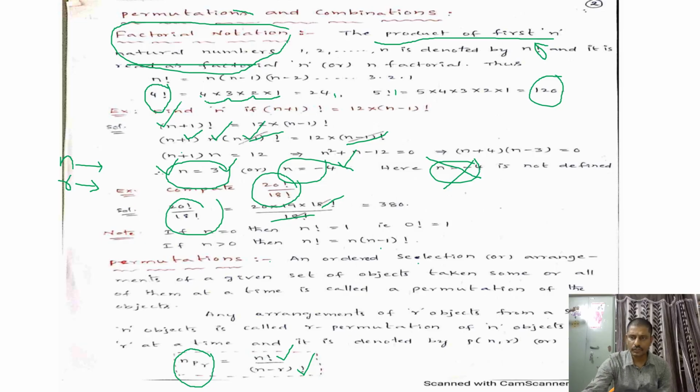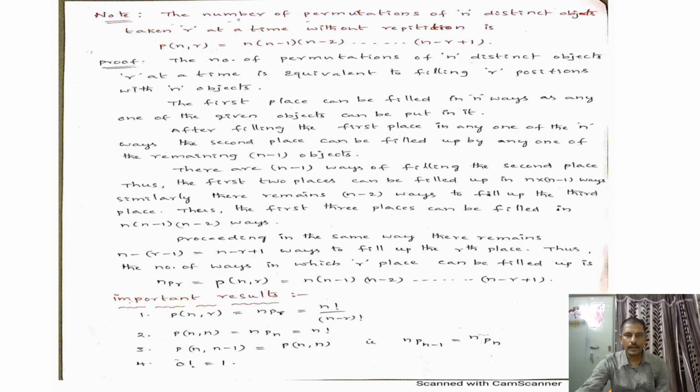Okay. Now we move to the formula. How do we derive this formula? The derivation is not important, but just see here, the number of permutations is nothing but the number of ways of filling r boxes with things, similar to the car example.